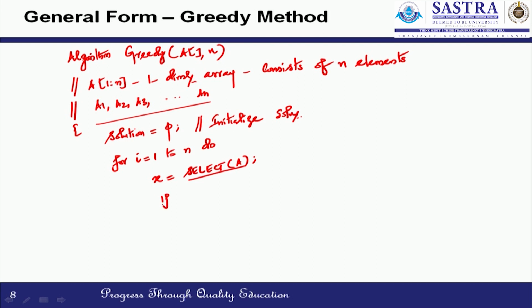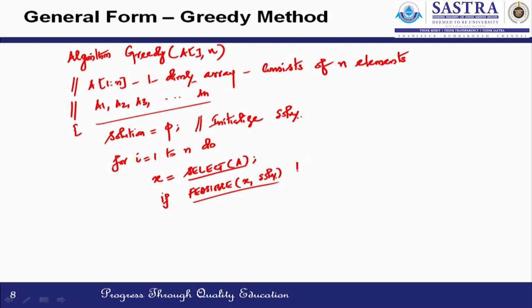Then check if x is a feasible solution. If feasible(x, solution), that means here we are assuming that if x is a feasible solution, then this can be included into the solution vector.